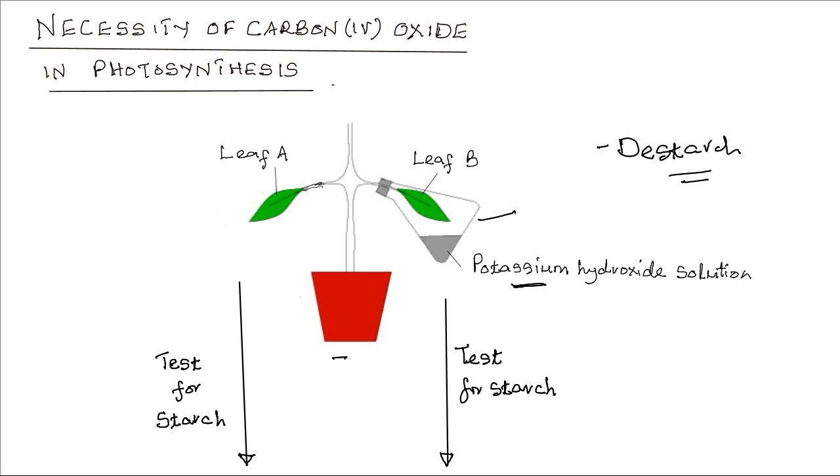Leaf B, the one that was in the conical flask, gives a negative test for starch, forming the brown color. This brown color is the color of iodine solution, showing the absence of starch.